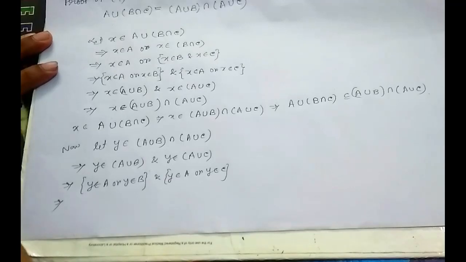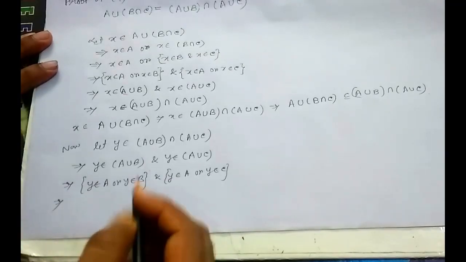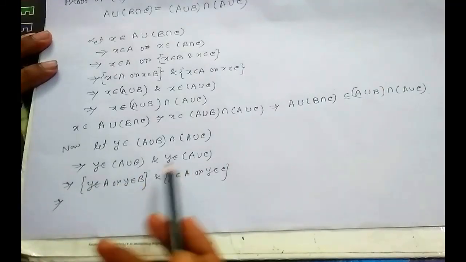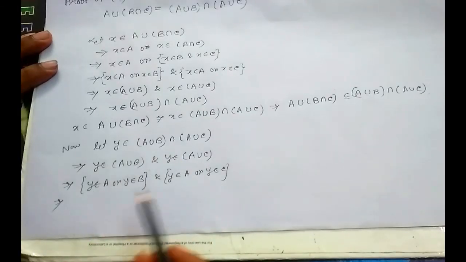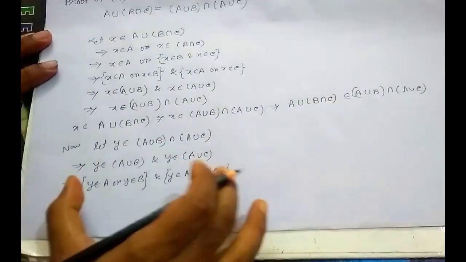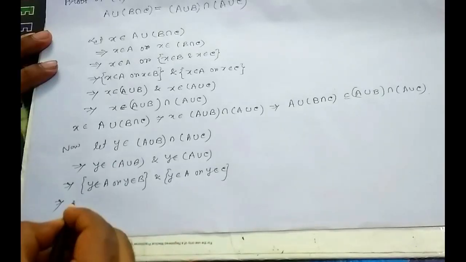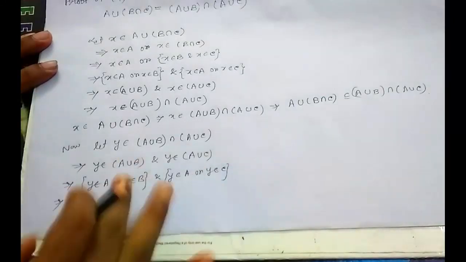Now this implies that, see, y belongs to A or y belongs to B, and y belongs to A or y belongs to C.